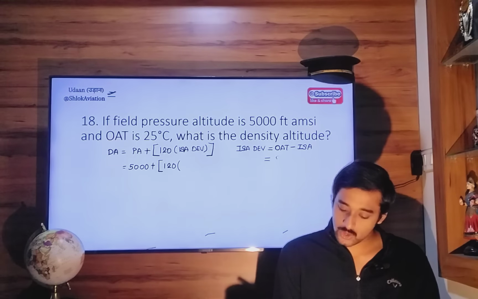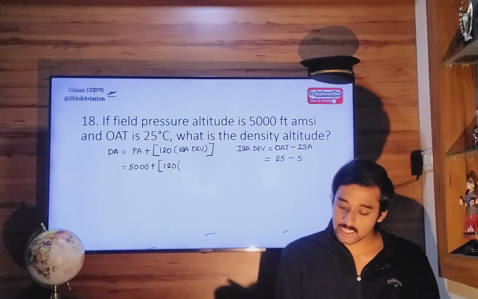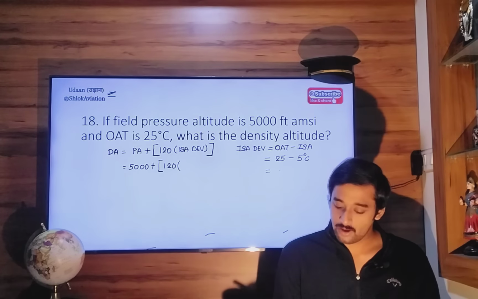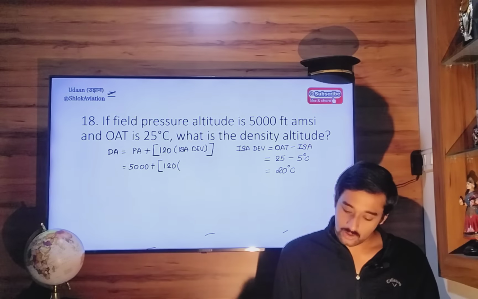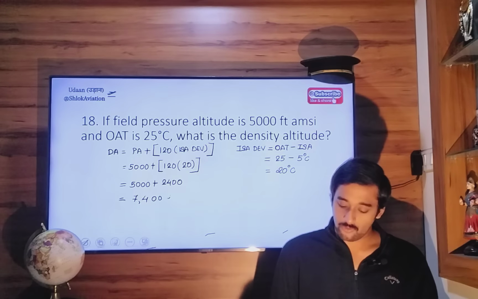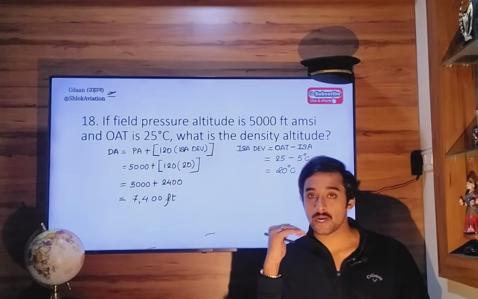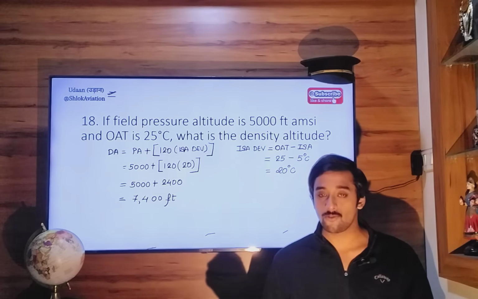Outside air temperature is 25. ISA temperature at 5,000 feet is 5 degrees Celsius. So 25 minus 5 is 20. So 120 times 20 is equal to 2,400, giving 7,400 feet. Although you are at a pressure altitude of 5,000 feet, the aircraft thinks it is at 7,400 feet.